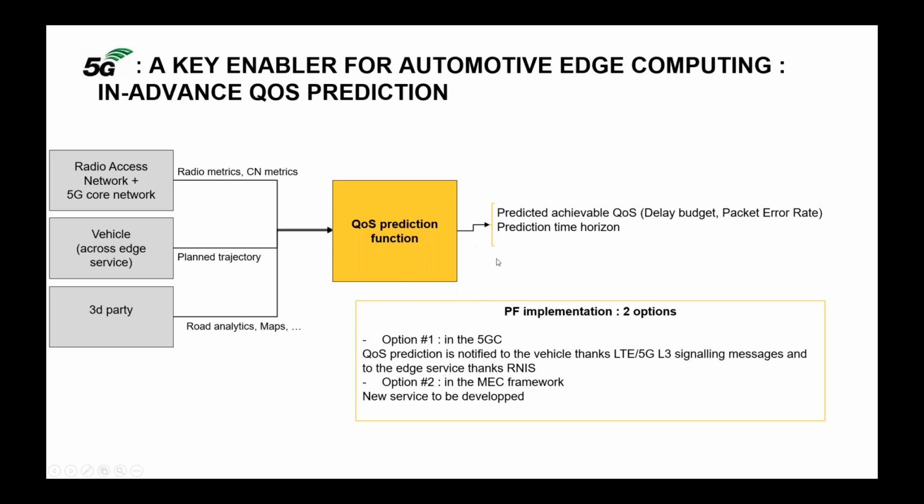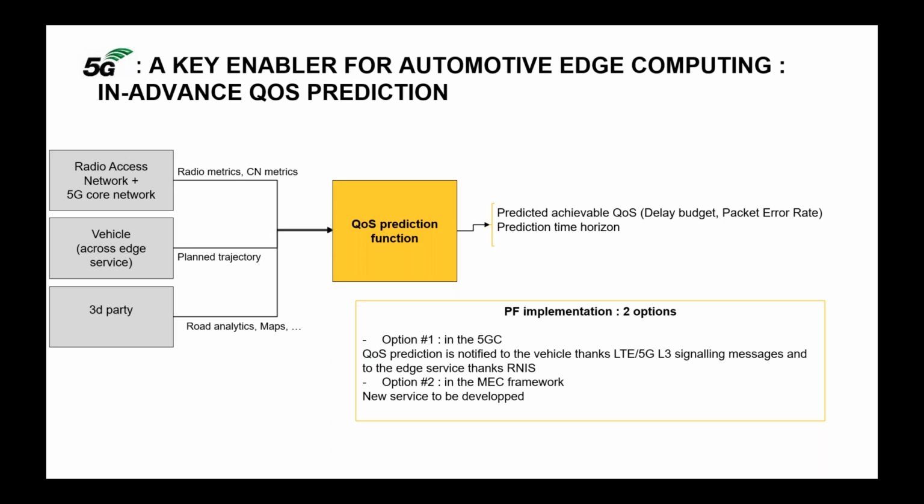This has to provide to the edge service or to the vehicle a predicted achievable quality of service for a given time horizon. As input, it will collect many inputs. Of course, the metrics of the radio access network and also some metrics of the core network, that's quite obvious.